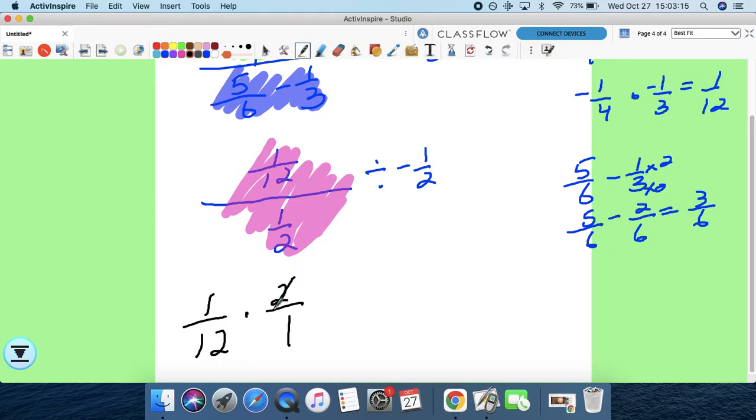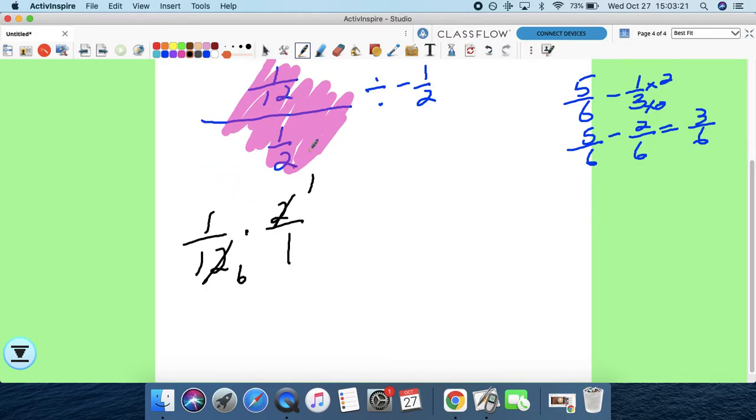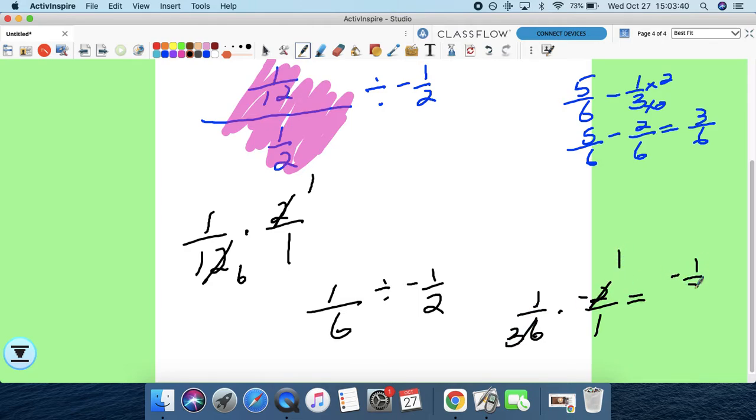We can simplify before multiplying, and so that whole thing becomes 1/6. So that pinkish area becomes 1/6, and I finally get to divide by that -1/2 that's been patiently waiting all this time. So 1/6 divided by -1/2 is just 1/6 times the reciprocal. Simplify before multiplying, and we get -1/3.